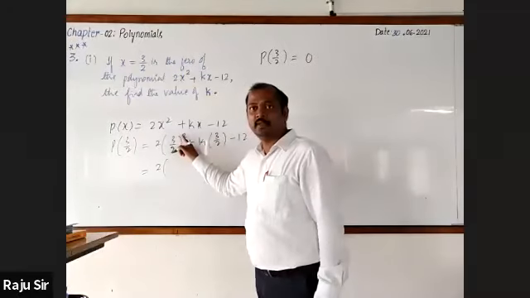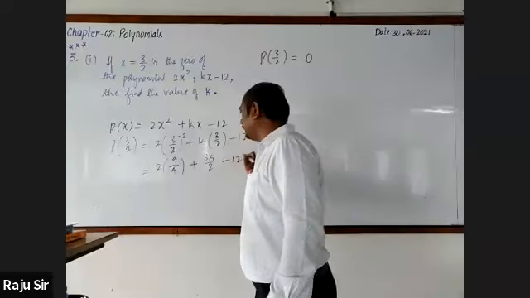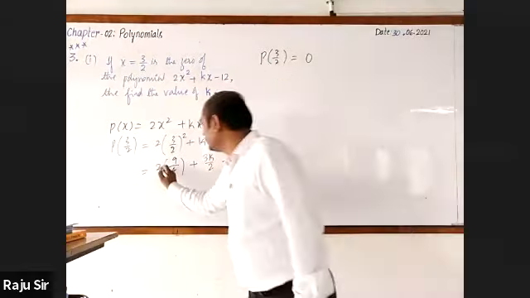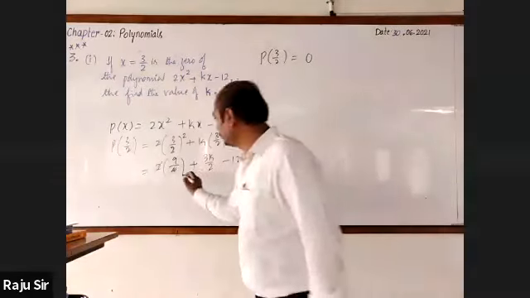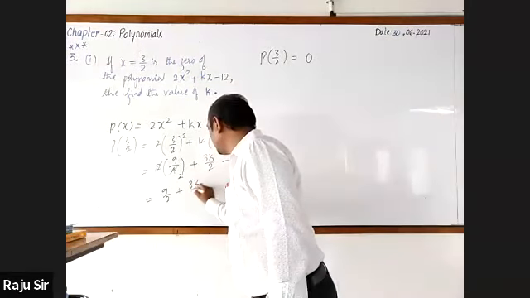It won't come. First you have to apply the square. Here 9 by 4, plus 3k by 2 minus 12. Next, here 2 ones are 2, 2 twos are 4, so it will be 9 by 2, plus 3k by 2 minus 12.